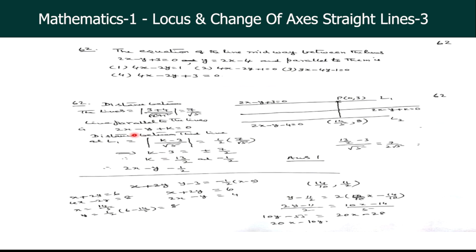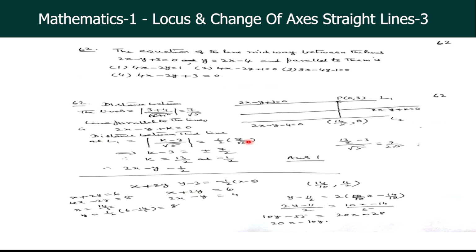So, here the required line equation is of the form 2x minus y plus k equal to 0. The distance between this third line and the first line L1 is (k minus 3) by root 5, which is half of 7 by root 5. That is, k minus 3 is equal to plus or minus 7 by 2. And the distance between the required line and L2 is also half of 7 by root 5.